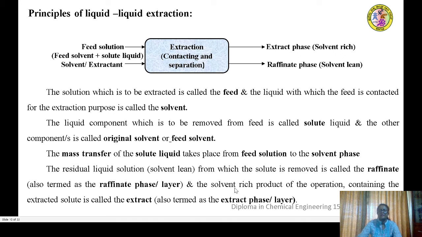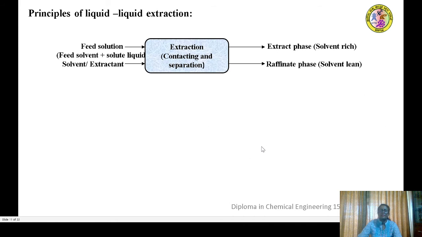And the other phase, which is rich in solvent and the solute liquid, is called the extract phase or extract layer.